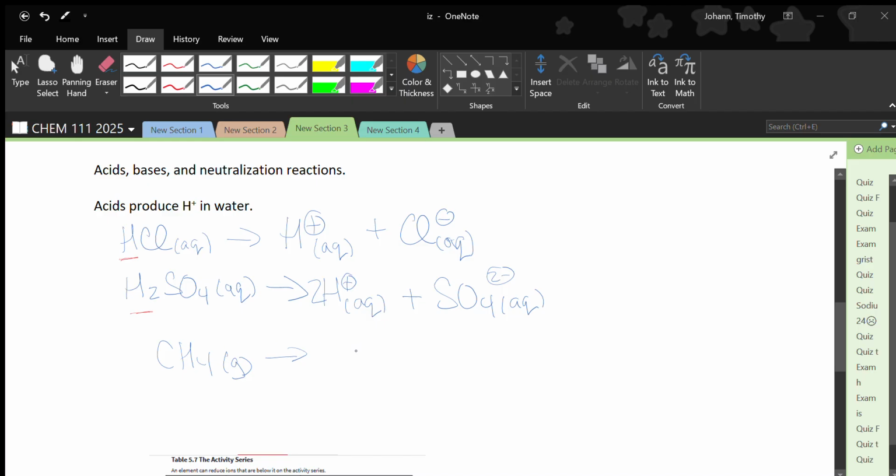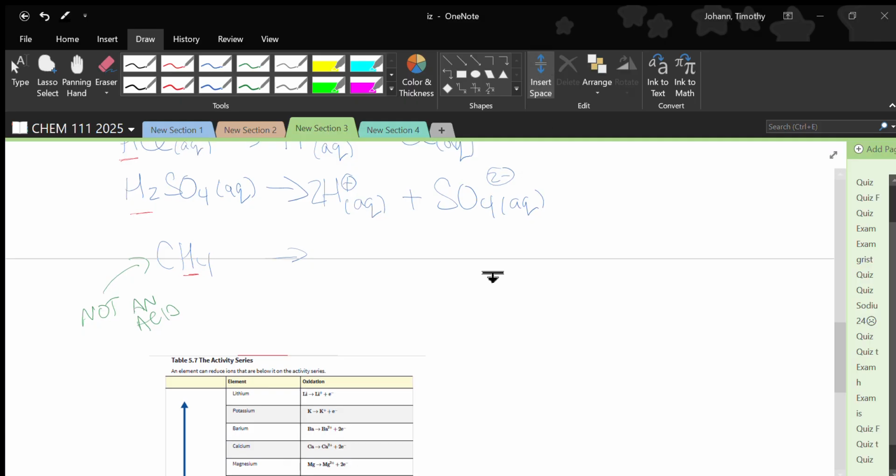First of all, it's not very soluble, but we could get it into water, sort of. Let's not worry about the phases here. But this is not an acid, and it's because these hydrogens are not listed first. If the hydrogens come off in water, they're listed first.